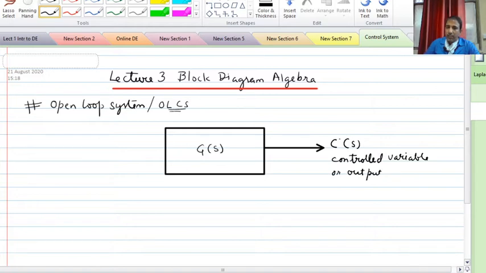Here C(s) represents the Laplace transform of the output variable.